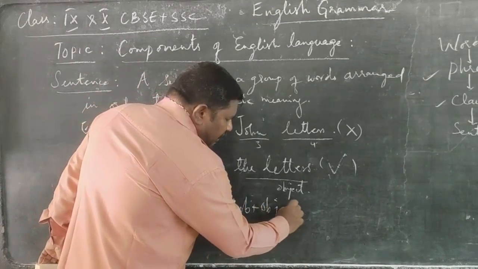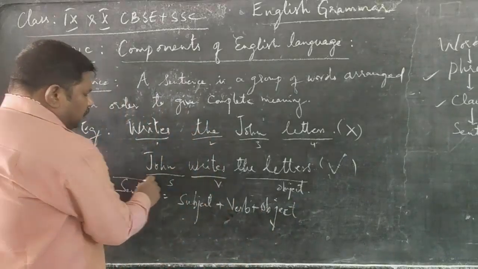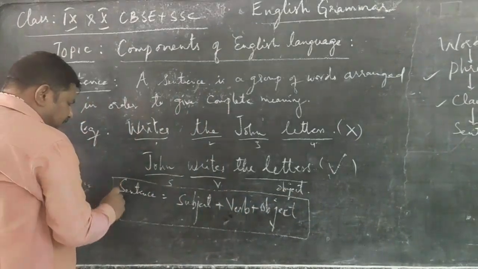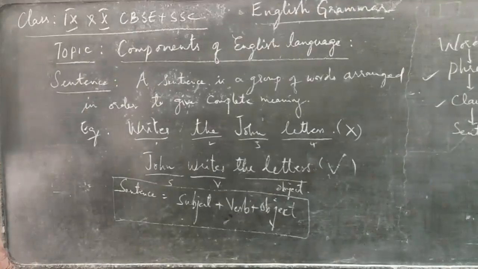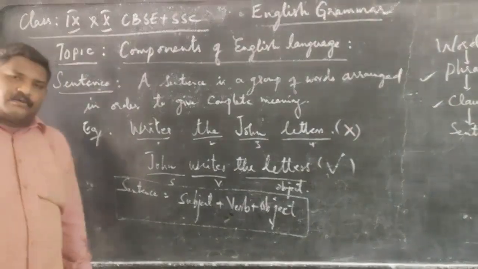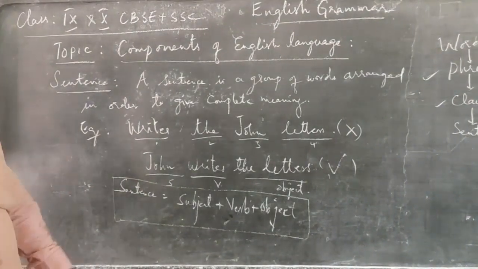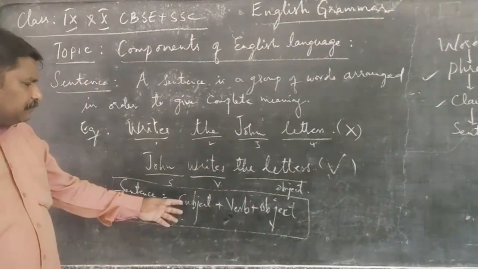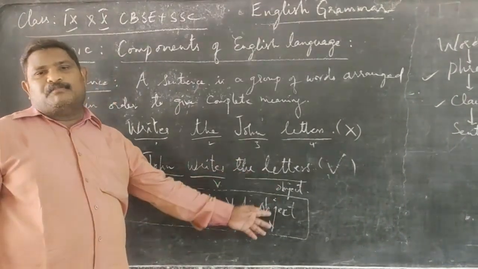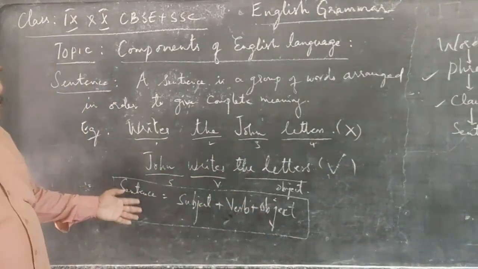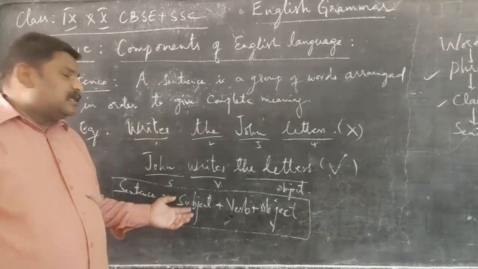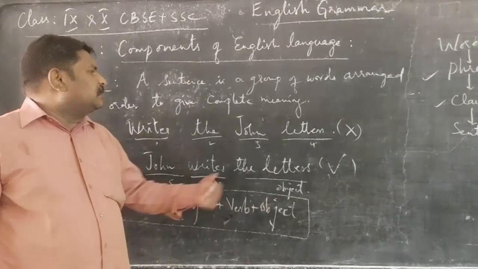This is the equation of a sentence in grammar form. Grammatically, a sentence has these three combinations: subject plus verb plus object. What is the equation? Sentence is equal to subject plus verb plus object.